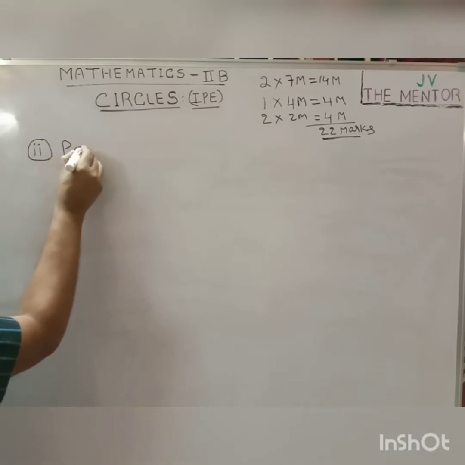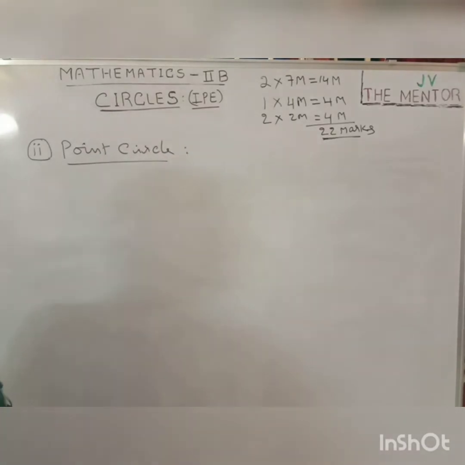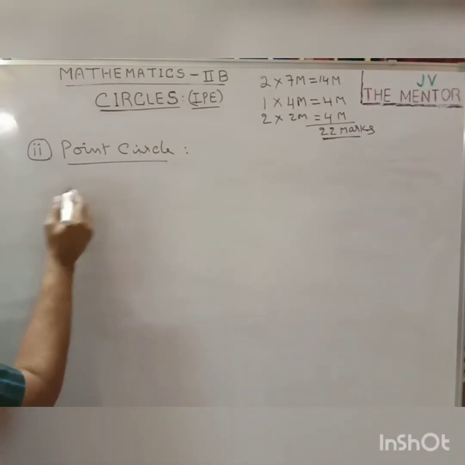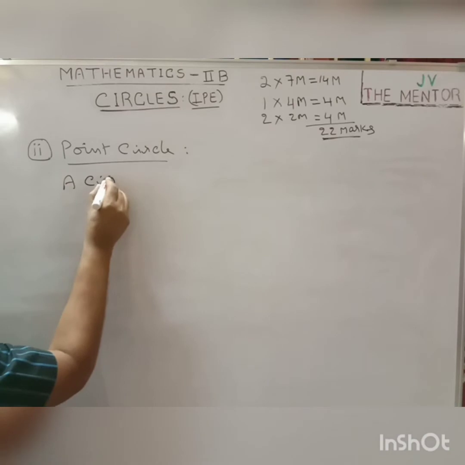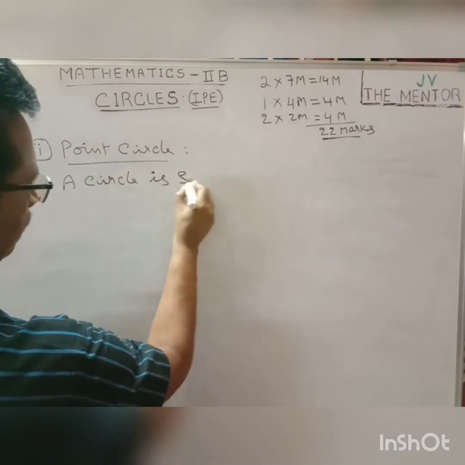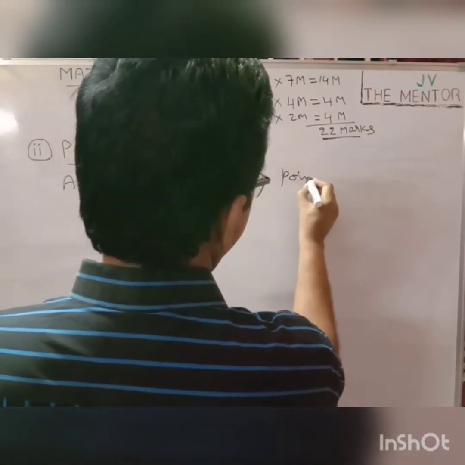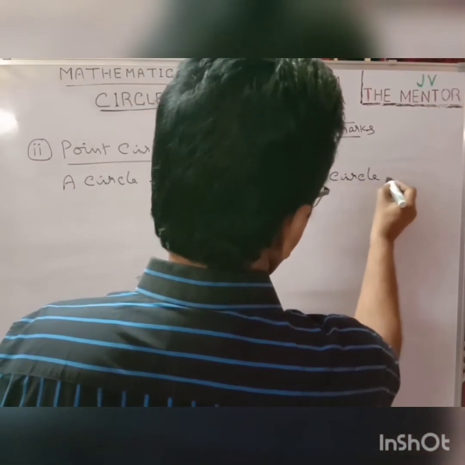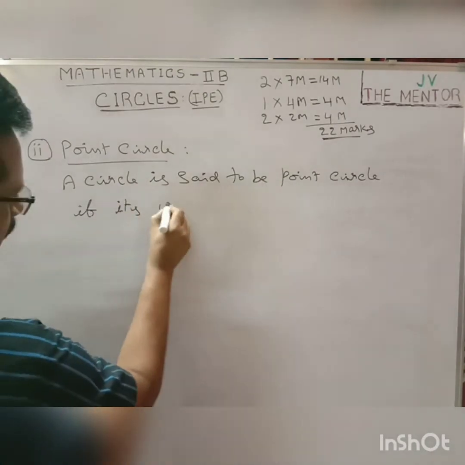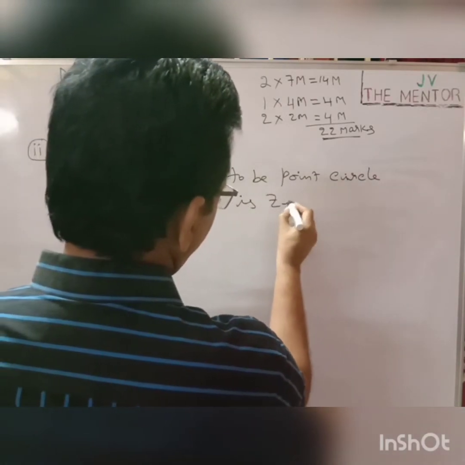Point circle. A circle is said to be a point circle if its radius is 0.